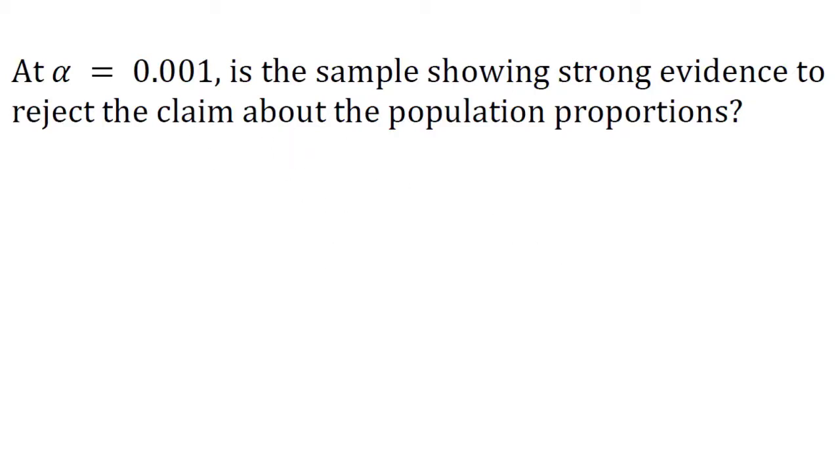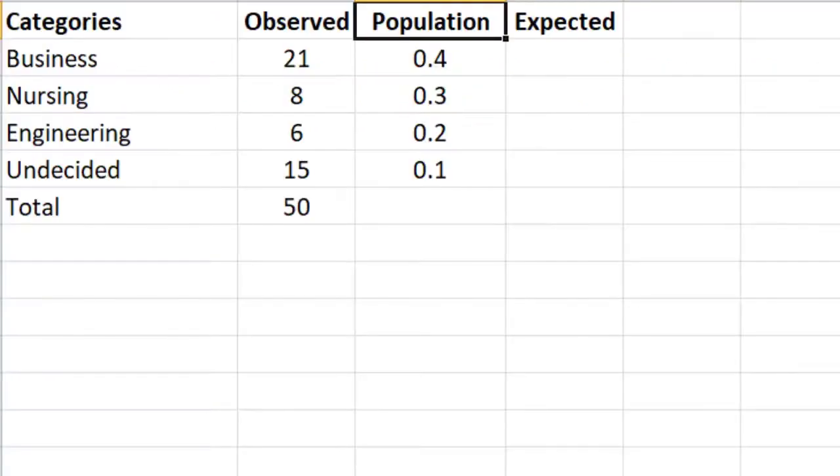But in the end, it's all about testing a claim for all of these population proportion values. And all of these population proportion values indicate how these categories are distributed or fitted in the population.